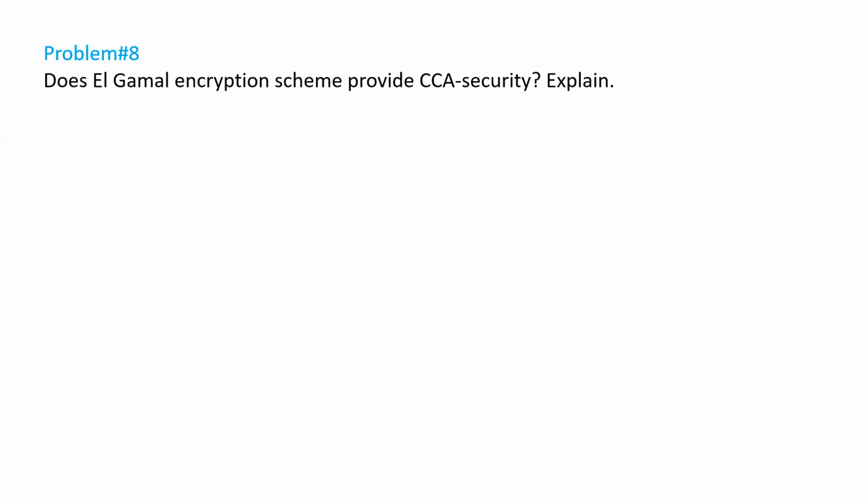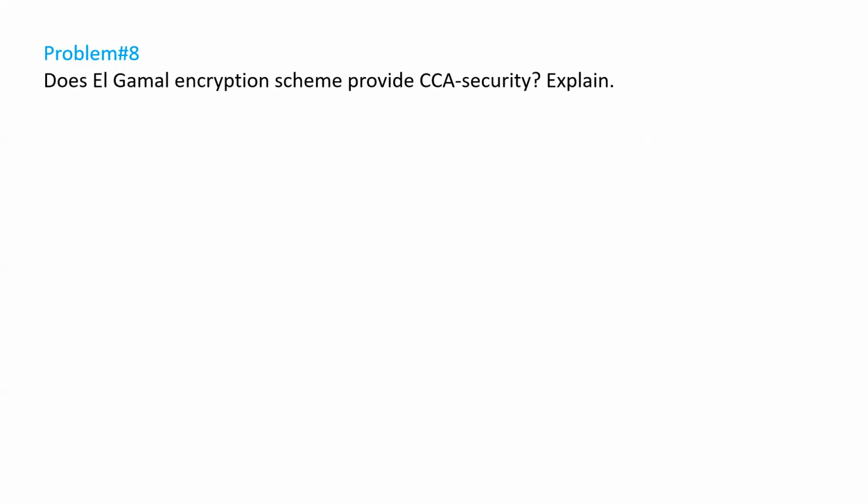basically the adversary is given access to the decryption oracle. So the adversary can choose any ciphertext of its choice, and then it can see the corresponding plaintext of those chosen ciphertexts. So the adversary is given access to the decryption oracle in this case.